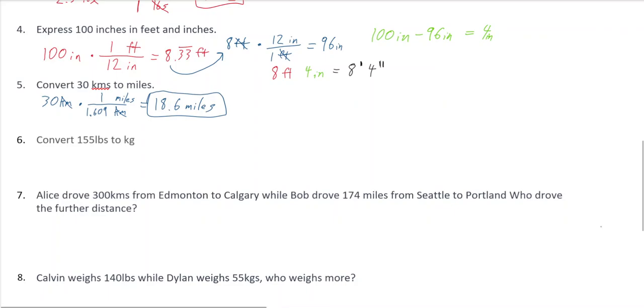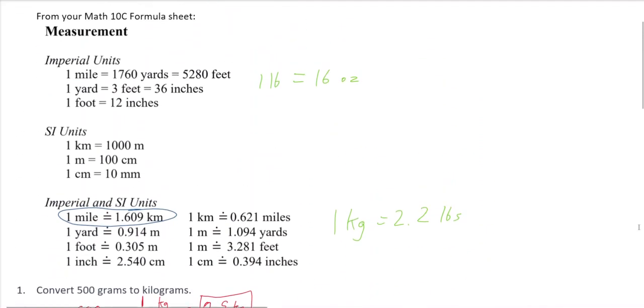All right, continuing on, we have this many pounds to kilograms, so 155 pounds times by, and then we want to get rid of pounds, and we want to end up with kilograms, so pounds cancels with pounds. 1 kilogram is 2.2 pounds, I believe is what we found.